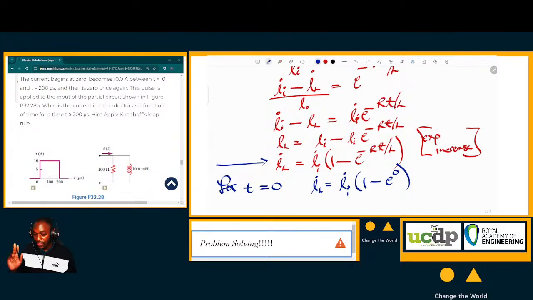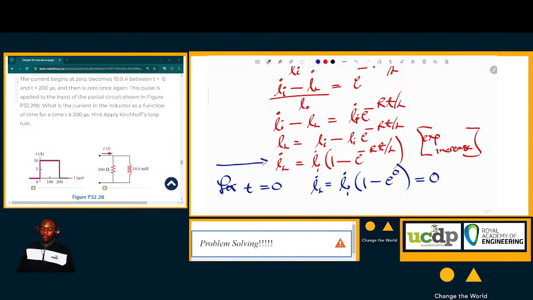And e to the power of 0 will give you 1. You can check from your calculator. Then 1 minus 1 will give you 0, which means indeed for t equals 0, our current through the inductor will be equals to 0.